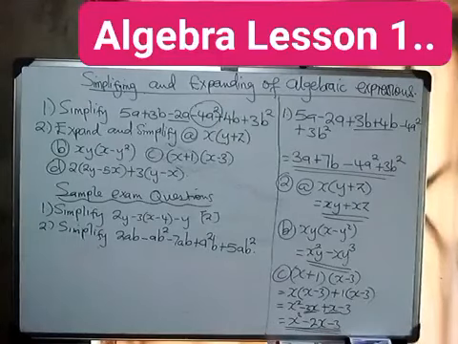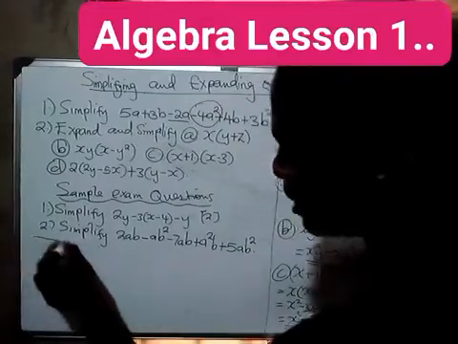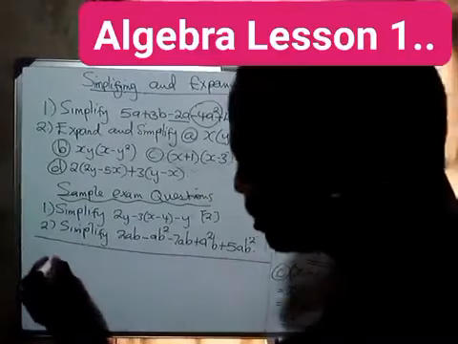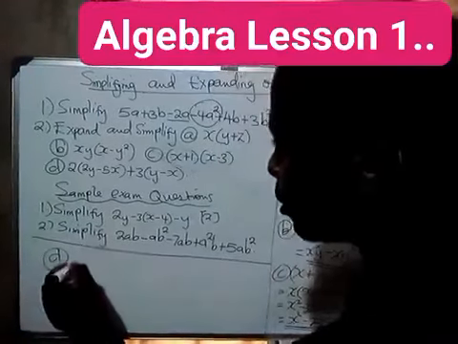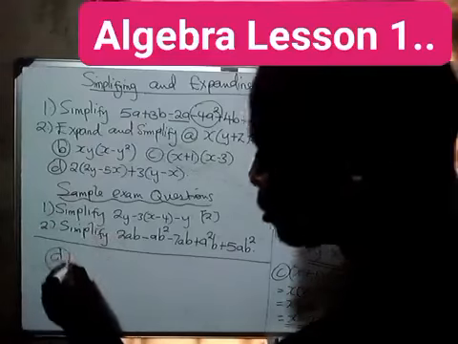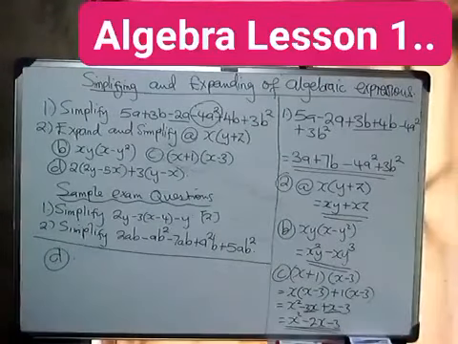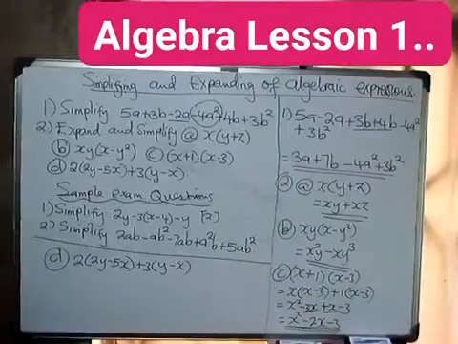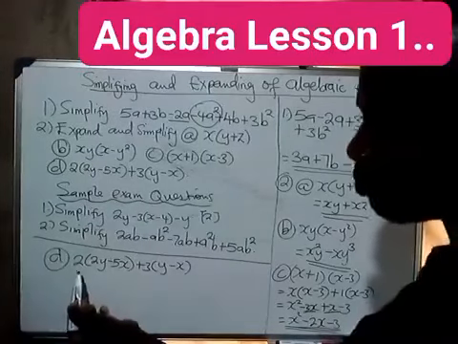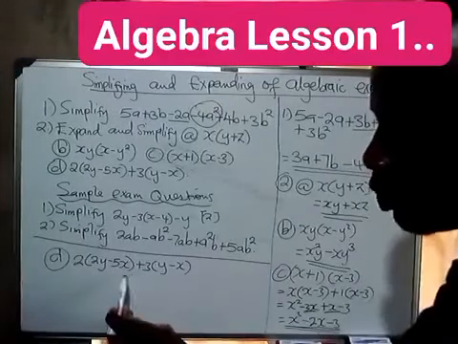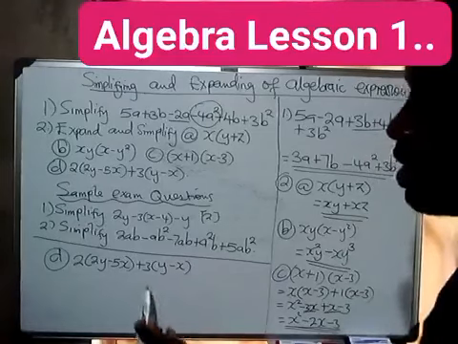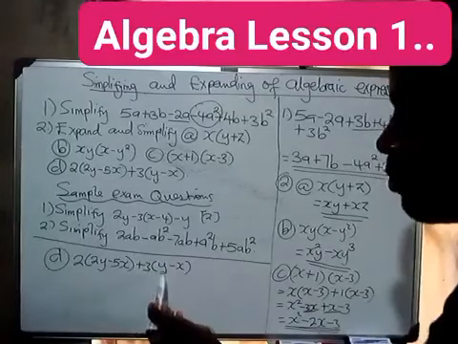Now let's go to question number d. Because of space, let me write it here. We expand 2 multiplied by everything in the bracket. Then again we'll say positive 3 multiplied by everything there.